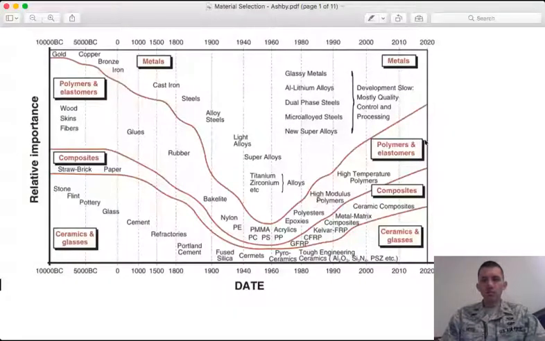in line with the growth of polymer systems, right? My parents, when they were kids, their toy trucks were made out of metal, right? These days our kids play with plastic trucks.